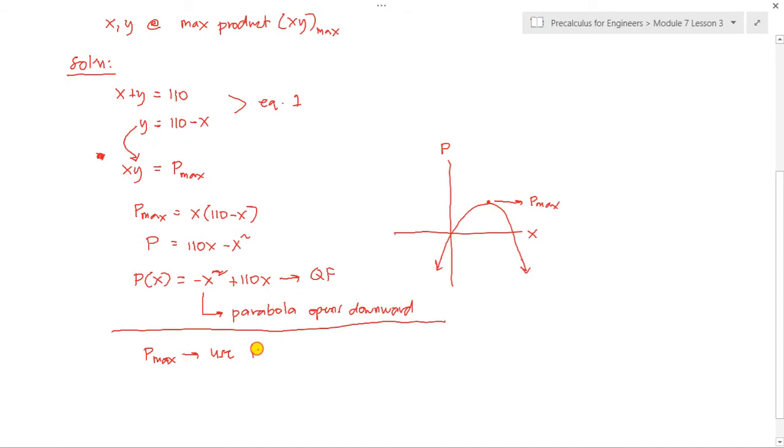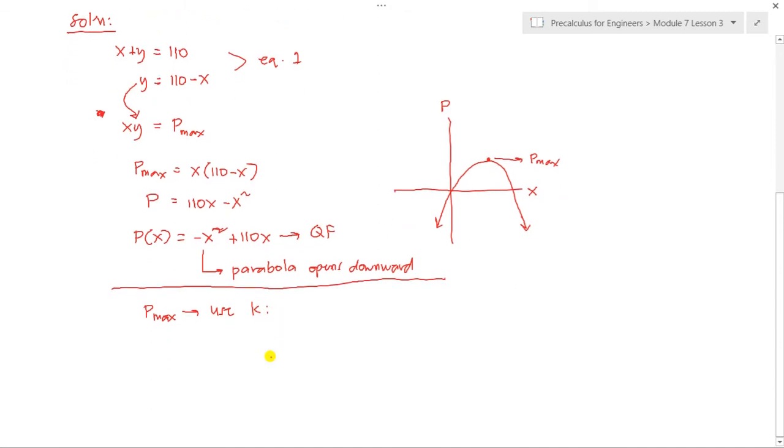So to solve for p max, we use k, as one of the points on the vertex. So p max is just equal to k, wherein k is equal to c minus b squared all over 4a.